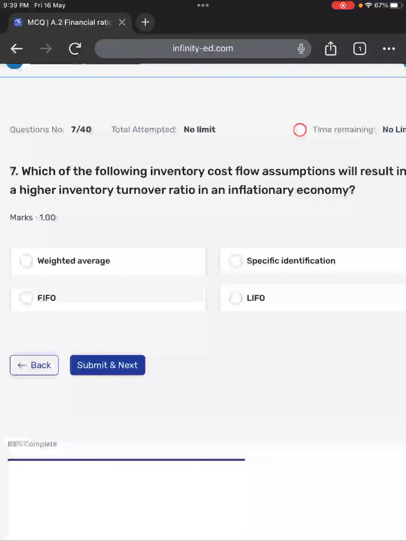Inflationary economy means product prices are changing frequently. As compared to last year, this year there is already an increase in inflation. If there is inflation, then product prices will increase.